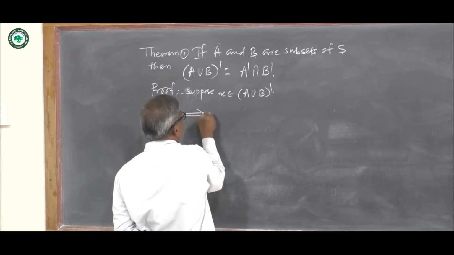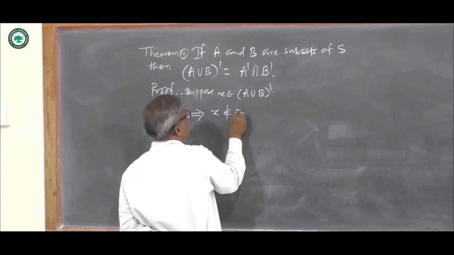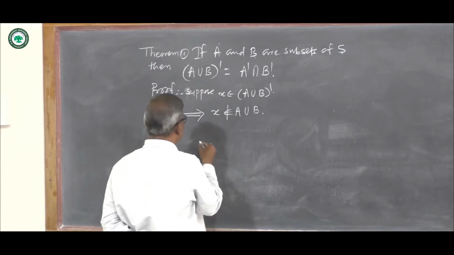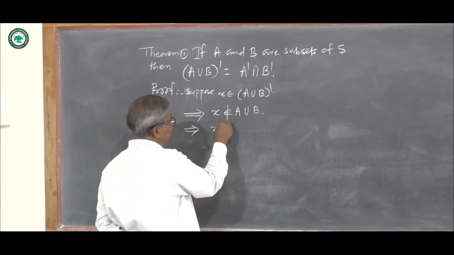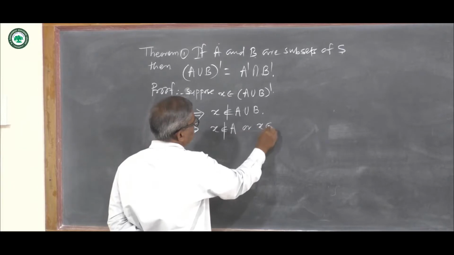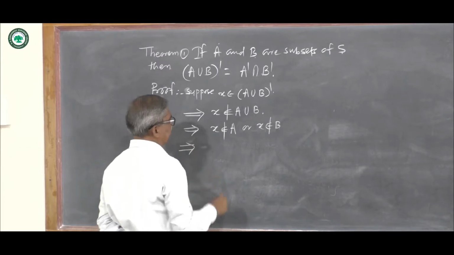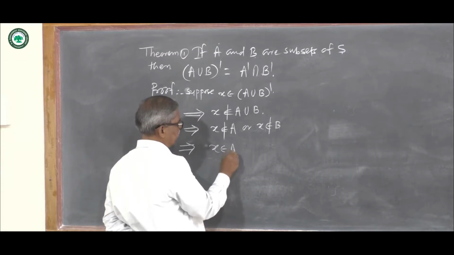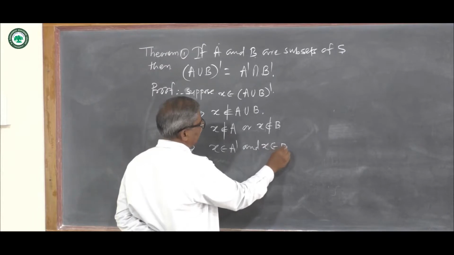This implies x does not belong to A union B. This implies x does not belong to A and x does not belong to B. This implies x belongs to A' and x belongs to B'.